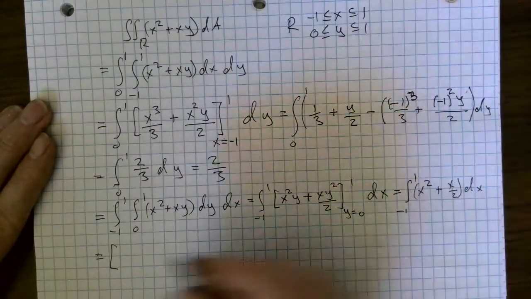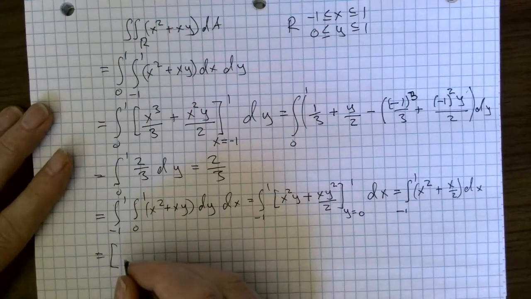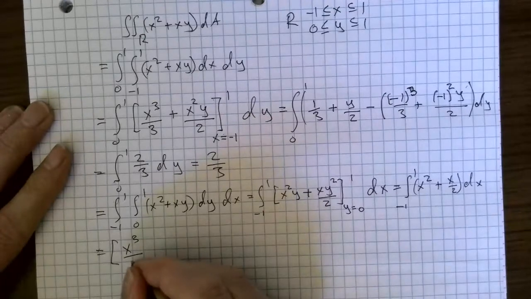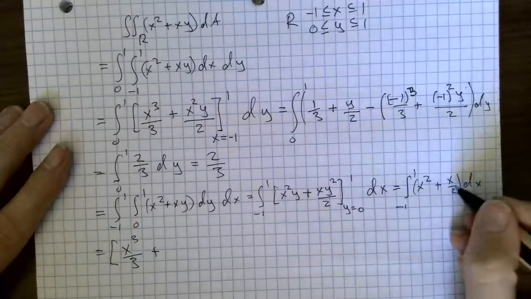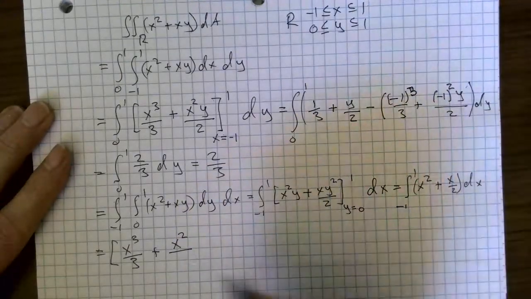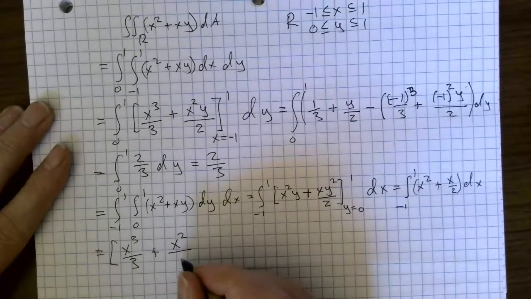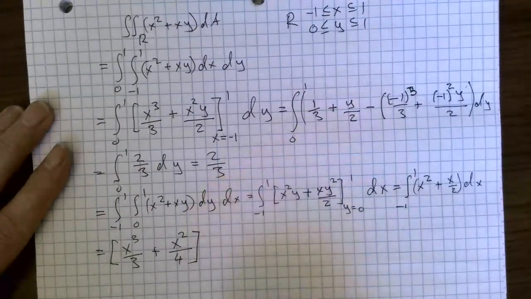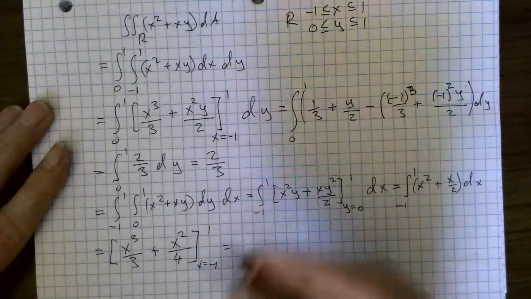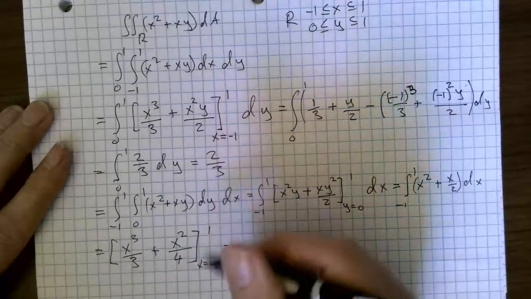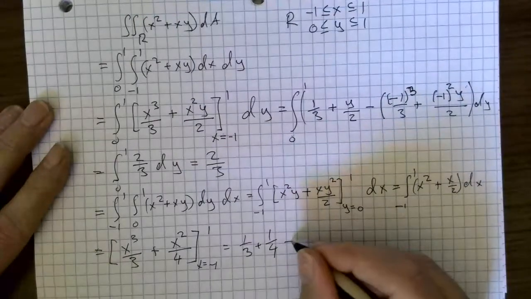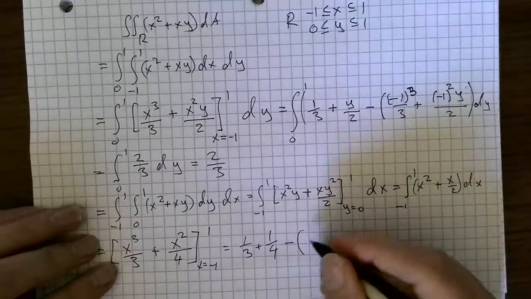But let's just do it in the stupidest way. So we have x cubed over 3 plus here it's x squared over 4, x going from -1 to 1. So I have the thing evaluated at 1, so it's 1/3 plus 1/4, minus the thing evaluated at -1.